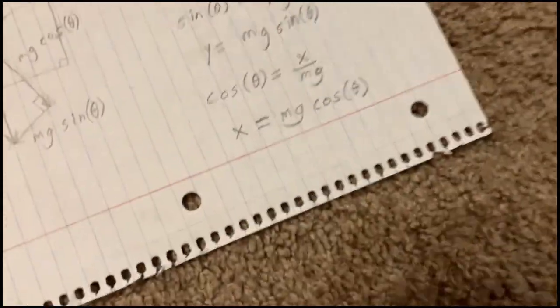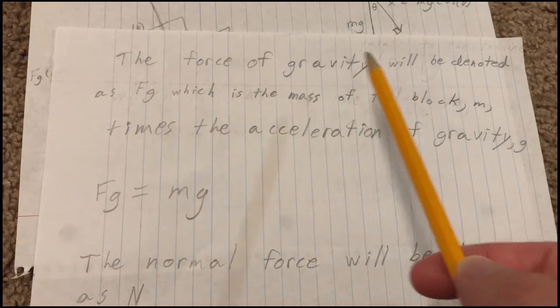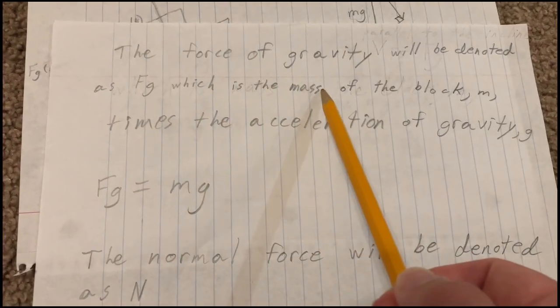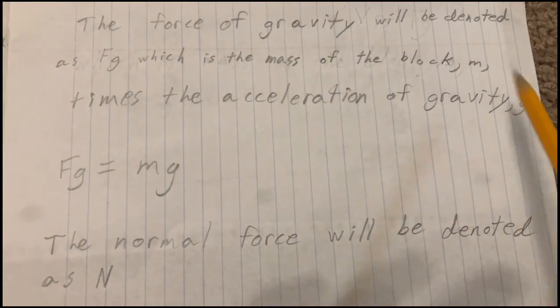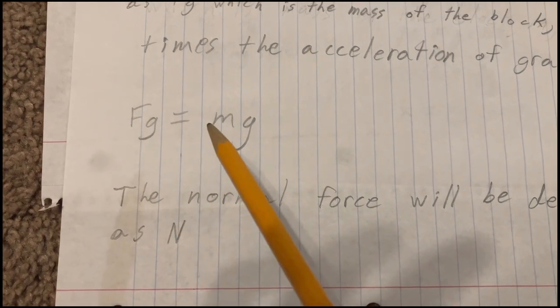So first, I'm saying that the force of gravity will be denoted as Fg, which is the mass of the block m times the acceleration of gravity g. Force is mass times acceleration.